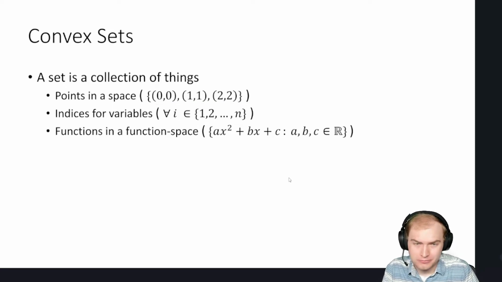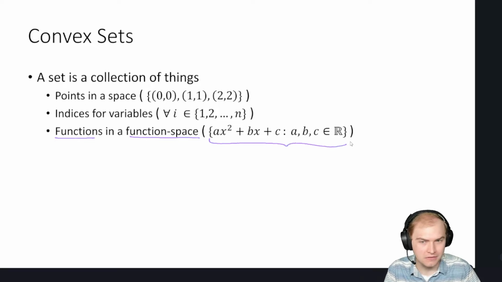You can also, a little more abstractly, have a set of functions in a sort of function space. So this is set builder notation for the set of quadratic polynomials, so degree 2 polynomials.